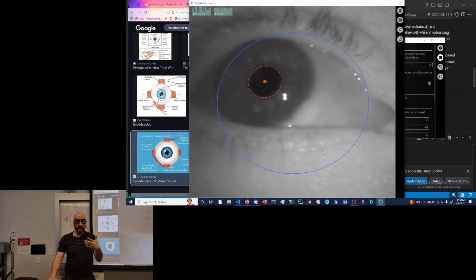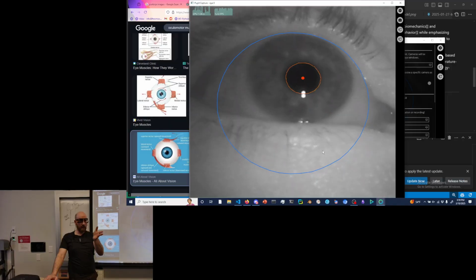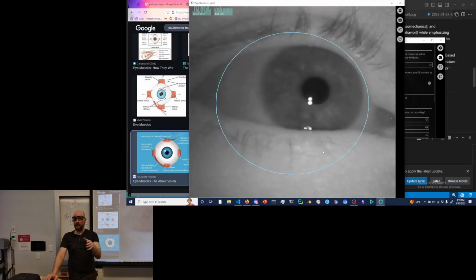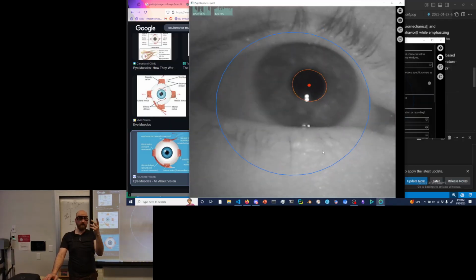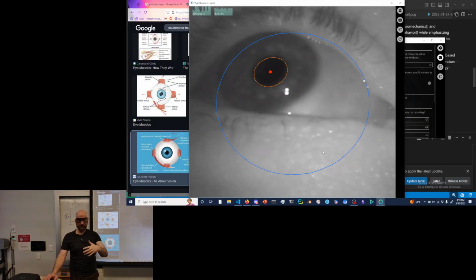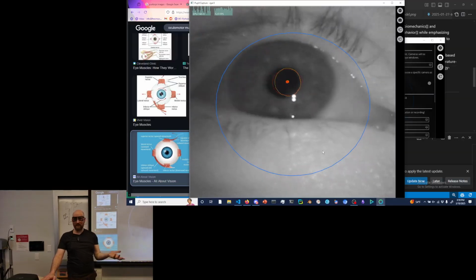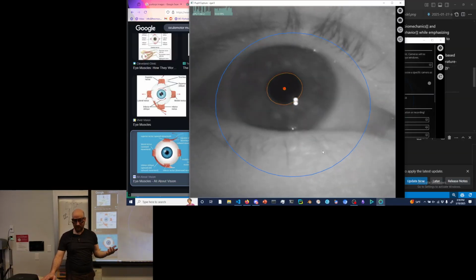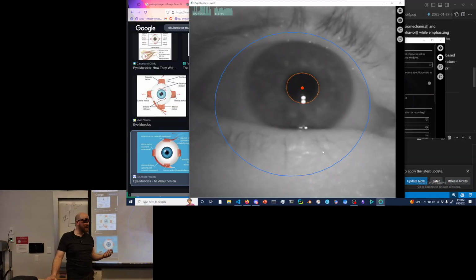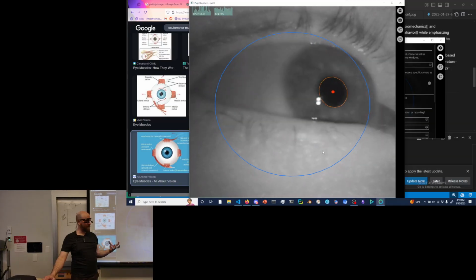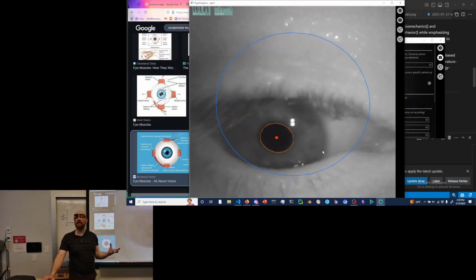You'll be able to see the slow eye movements if you're looking in the mirror or the camera and you move your head around. It's one of those things that, if you've never thought about your eye movements before, congratulations, you're going to be thinking about them a lot. It's a fascinating thing.